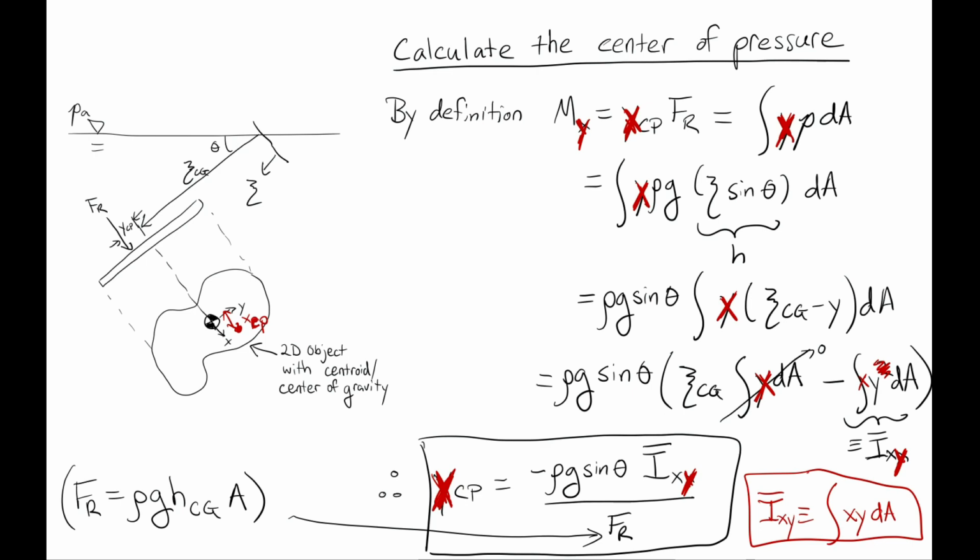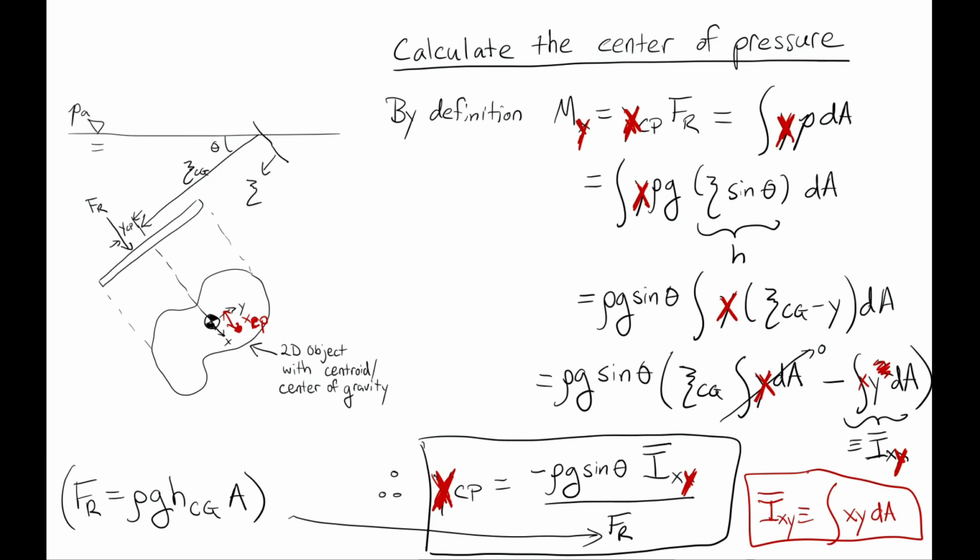The thing that I would note is that since x is defined relative to the center of gravity, if you have a symmetric object, there's an equal amount of the object on the negative x side of the axis as there is on the positive x side of the axis. And similarly, if you have something that is symmetric with respect to the y direction, so like if there's always a chunk of dA that has positive y value and always exists at negative y as well, so if it's symmetric about that axis, then in either case, the integral will always turn out to be zero because stuff on one side cancels with the stuff on the other side.